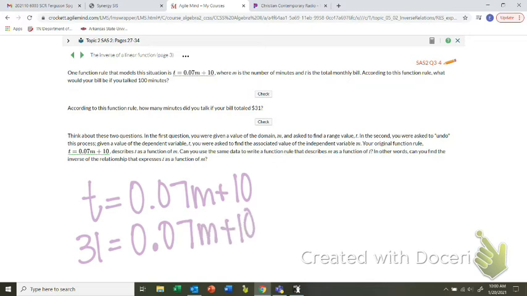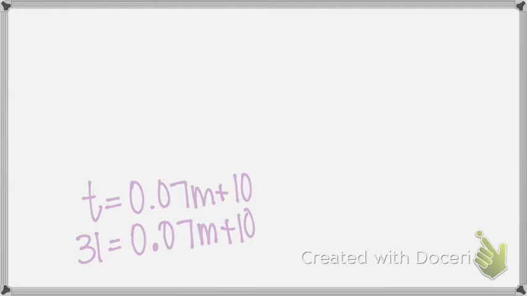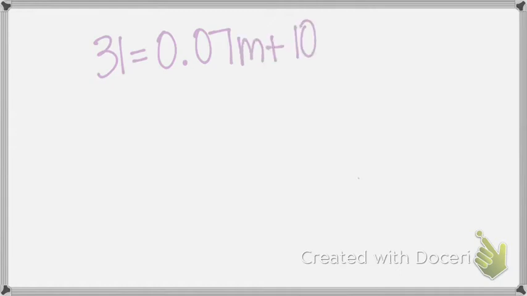I'm going to swap screens and move this to the top. 31 equals 0.07 m plus 10. We have got to get that m by itself, so the first thing I want to do is subtract 10.